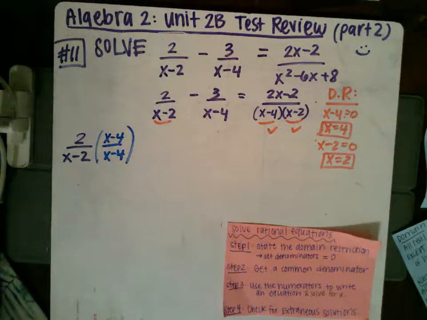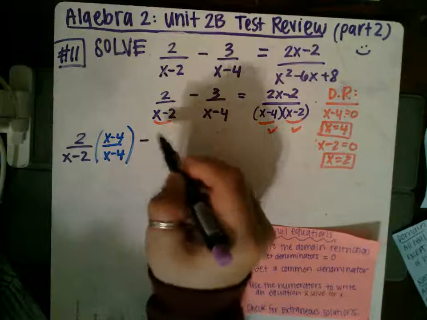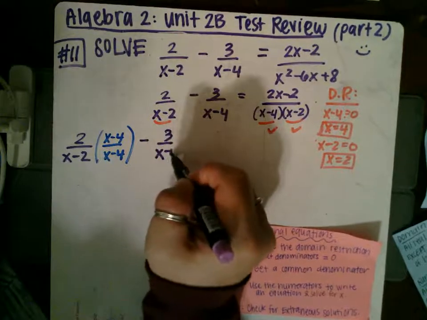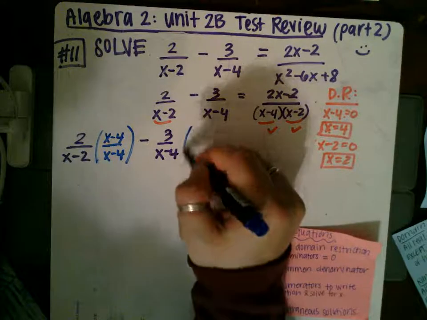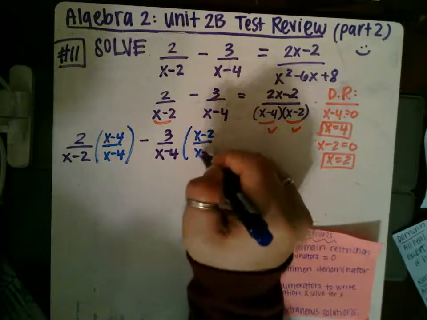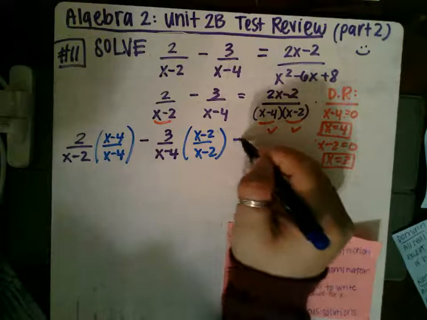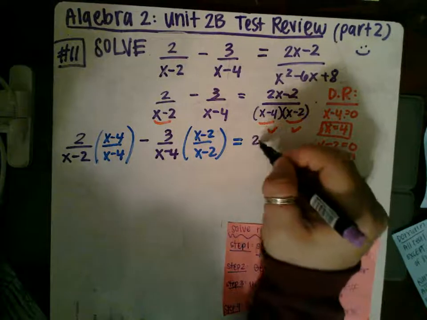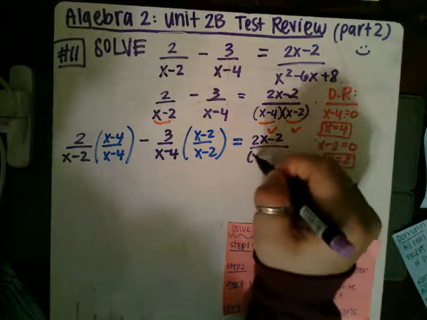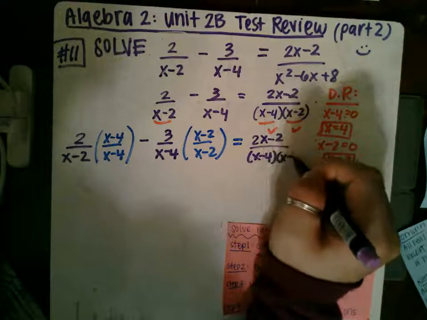Then we're going to subtract our next expression, 3 over x minus 4. What this one is missing is x minus 2. Equals, don't forget our equal sign, 2x minus 2 over x minus 4, x minus 2.